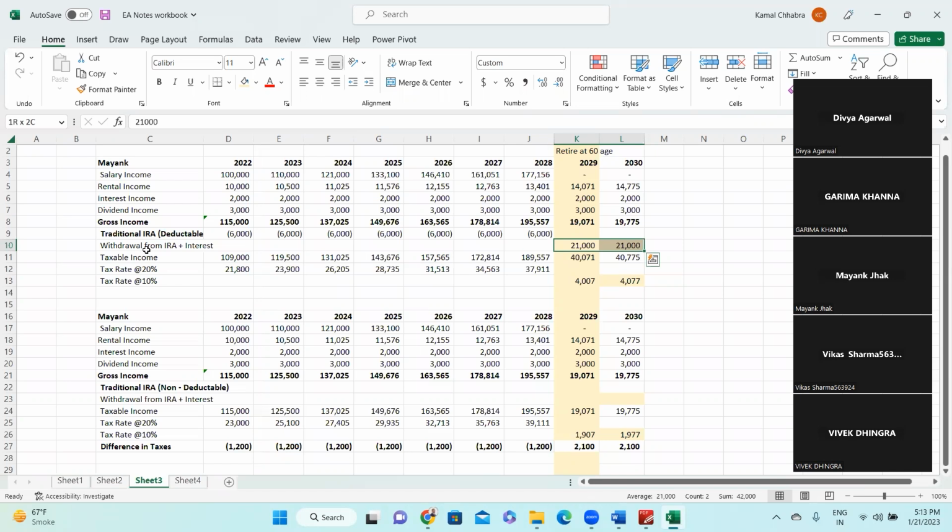Or not any other category of specific tax rate. It is considered as ordinary income and is taxed at the routine tax rate, which in the example we have discussed is the lower slab.